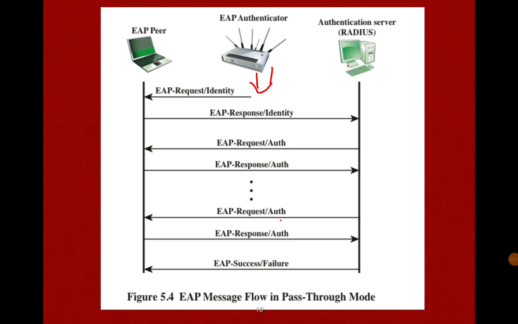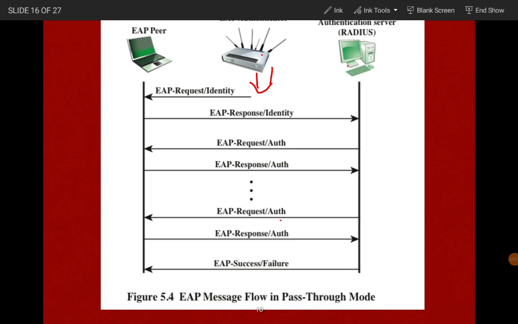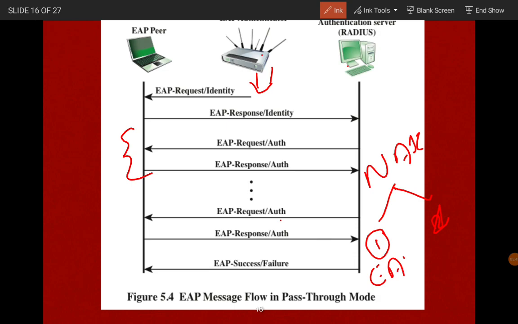If the method is agreed by the peer, it immediately sends the response with the method authentication. If the peer does not agree with the method, it may send a negative acknowledgement. In that case, the authentication server can choose either of two options: one is the EAP method, or otherwise it can abort the operation.